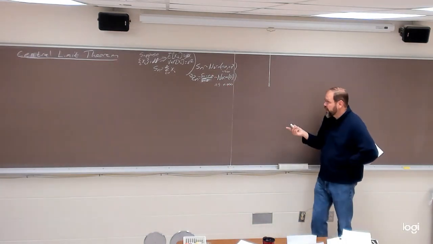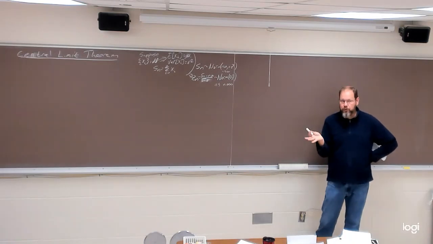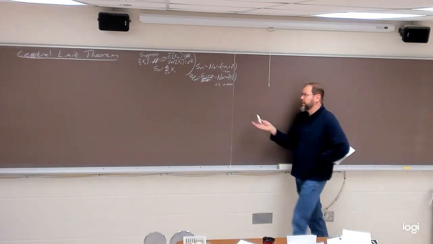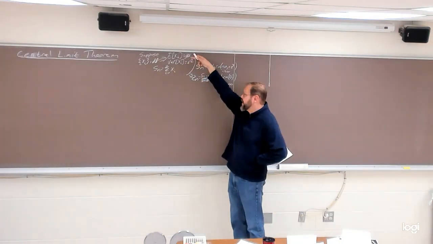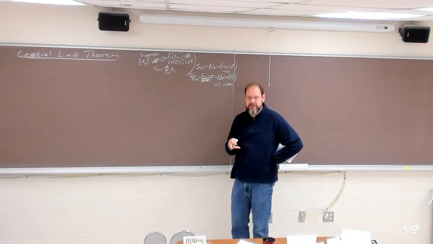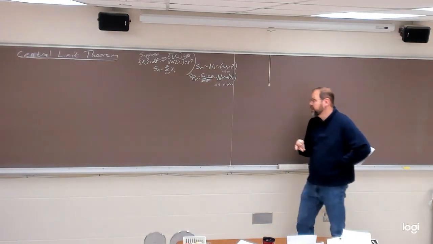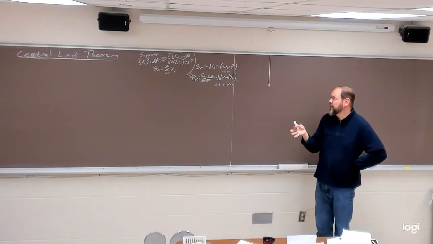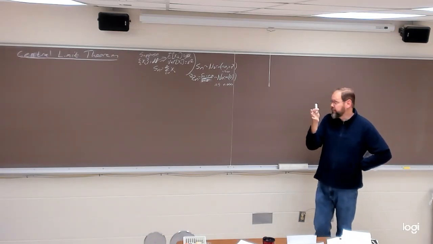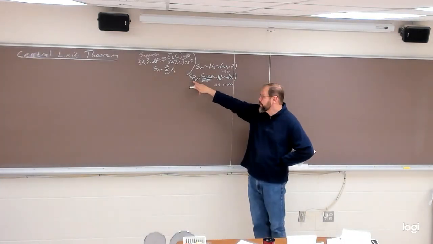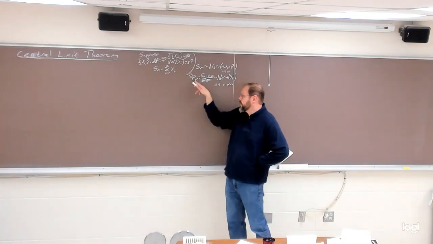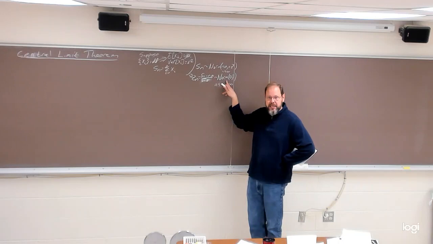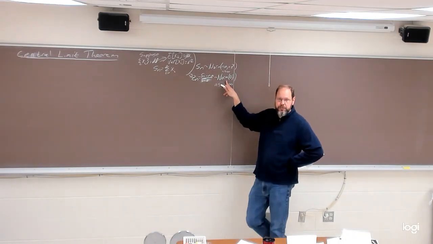And the beautiful thing about this is we really are not assuming anything about our random variable other than it has a finite expected value and a finite variance attached to it. So if I sum up enough random variables, then my sequence of new random variables, which are the sums of the old random variables, when I normalize them, will become, in the limit, the standard normal random variable every time.